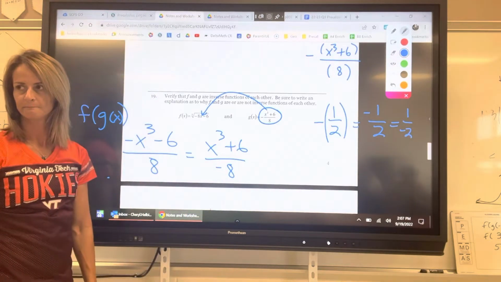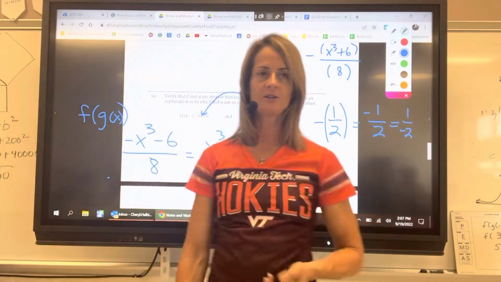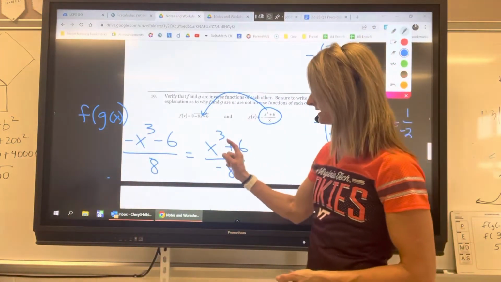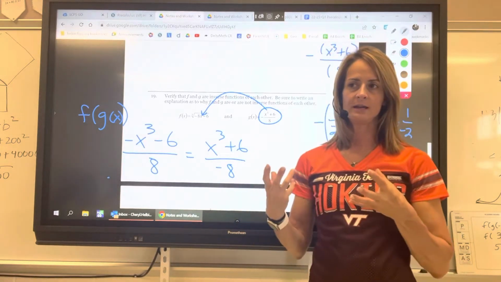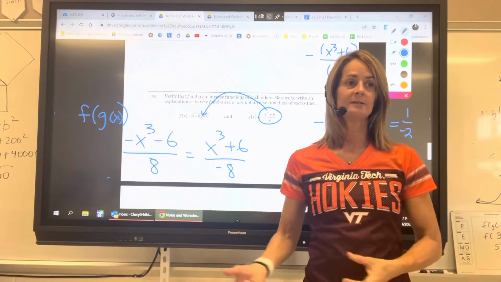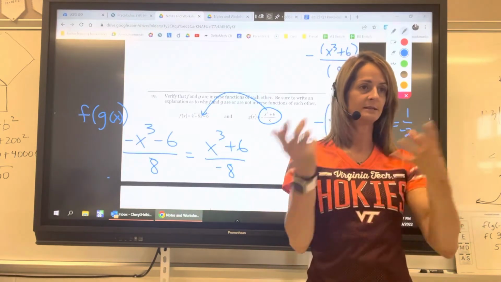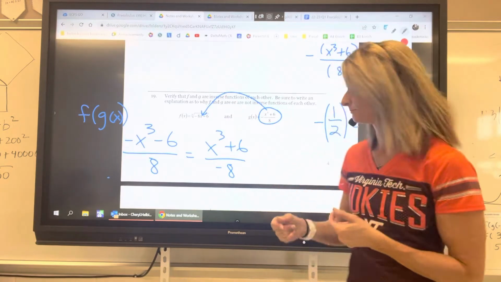They're all the same. Where it gets complicated is if I chose to distribute to the numerator, because there are two terms in the numerator. And so if you're distributing a negative to an expression that has more than one term, it has to be distributed to every term inside that expression. That's what I was getting at.